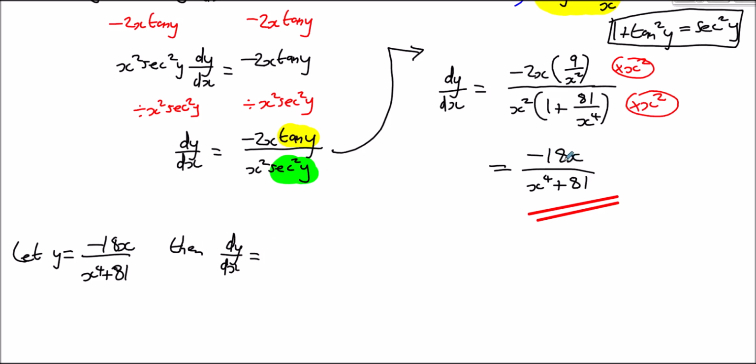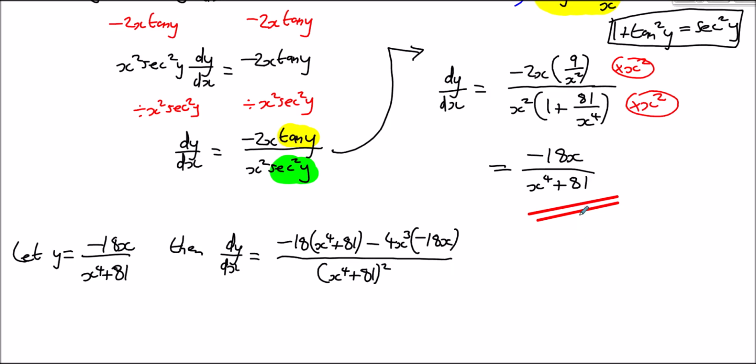So what I need to do here is I differentiate the top of the function, so I get minus 18, multiply that by the bottom, then I minus the bottom function differentiated, so this differentiates to 4x cubed, that multiplied by the numerator, so that times by minus 18x, all of that's going to be over this bottom function squared, so x to the power 4 plus 81 squared.